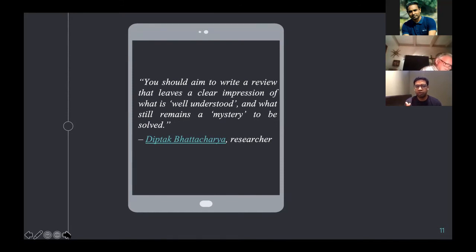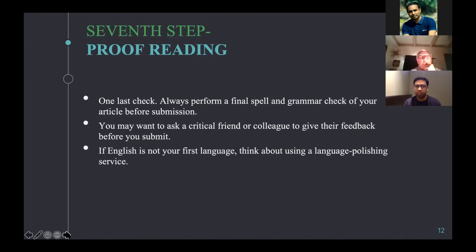That is another way to attract more people to read your paper. Keep some mystery and keep some outlook direction. If you want to go this way, that could be very prospective. If you want to go this way, this could also be very prospective in future. So this thing is very important.